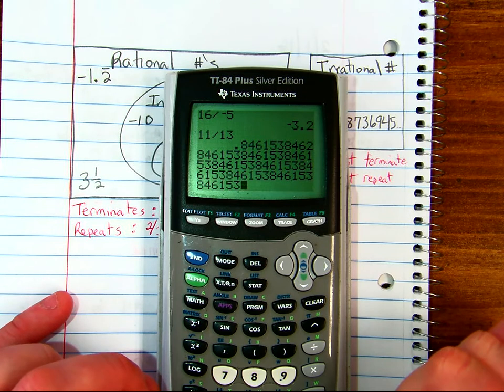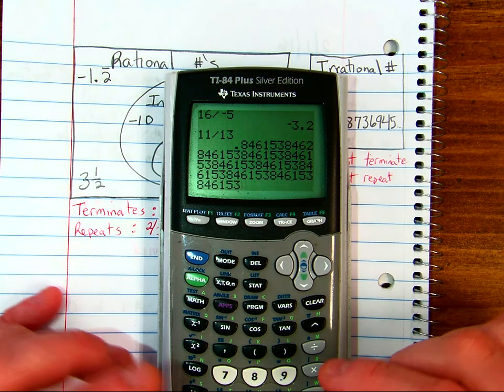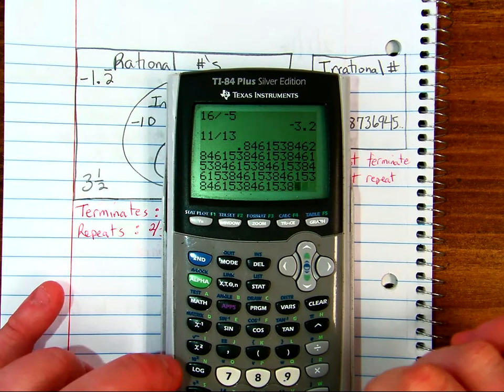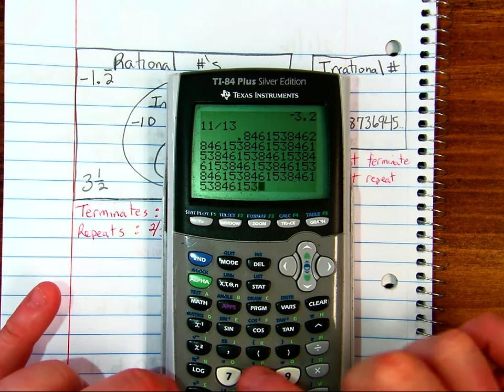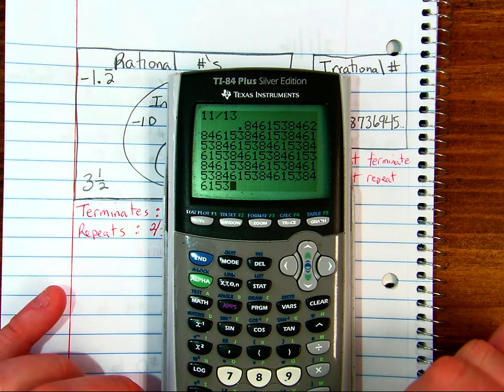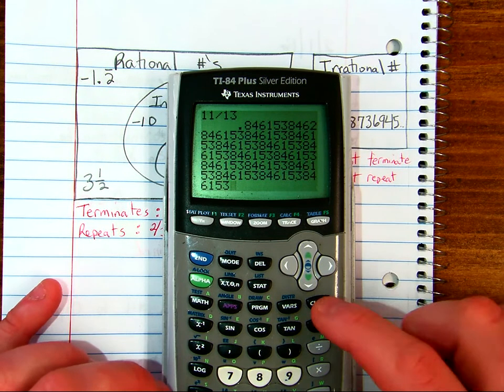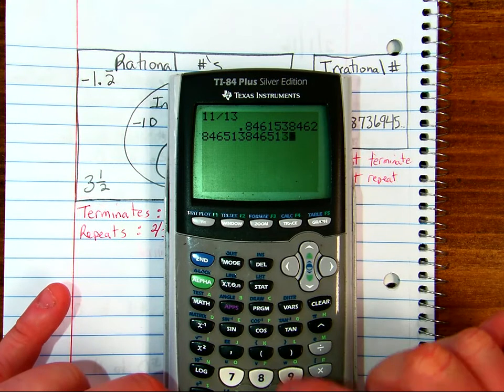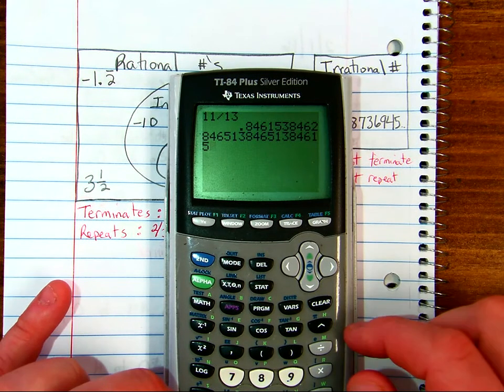You wouldn't be able to do any more functions. It would just keep doing this. But because the calculator only goes 10 digits, it's going to round at the end. That would be a 2.